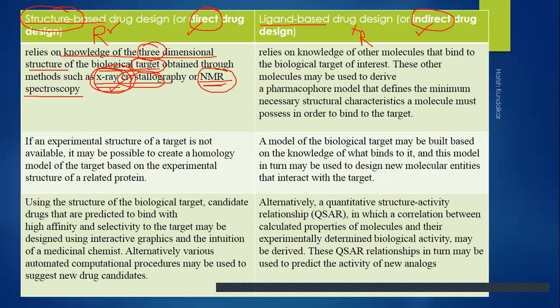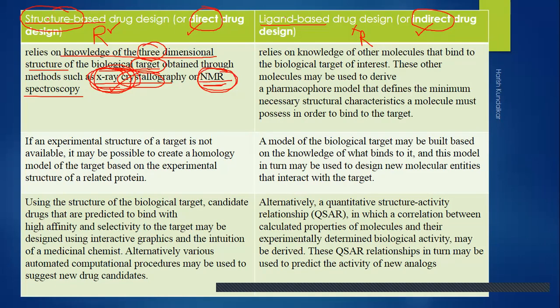NMR spectroscopy has a drawback: it cannot find out the binding site of the molecule. So that is why X-ray crystallography is the first choice for determining the three-dimensional structures of the proteins or receptors. And this is how the protein structures are found out.